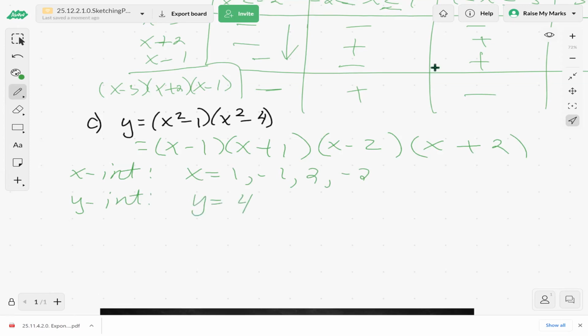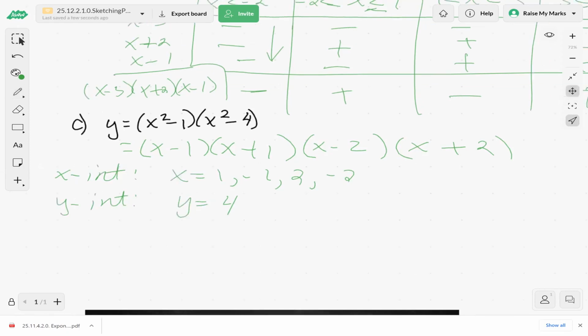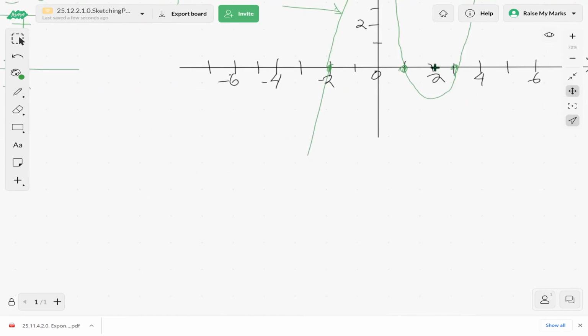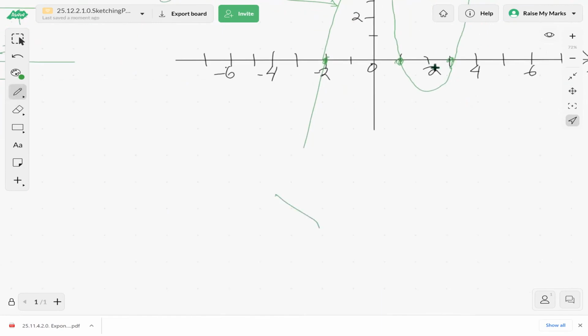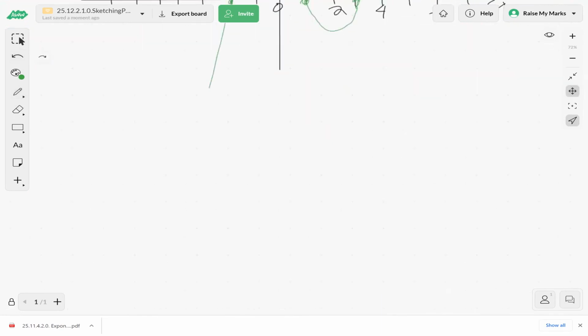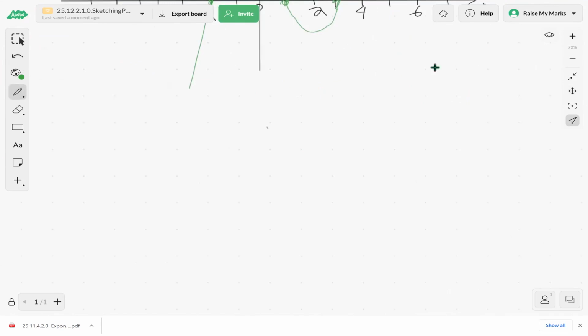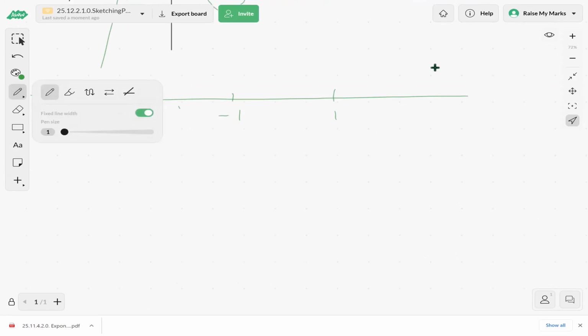Okay. So now we're going to consider our real line, and we're going to divide it up into intervals. Let's do that now. Okay. So let's draw it out like that. And what are our points of interest? X equals negative 2, negative 1, 1, and 2.